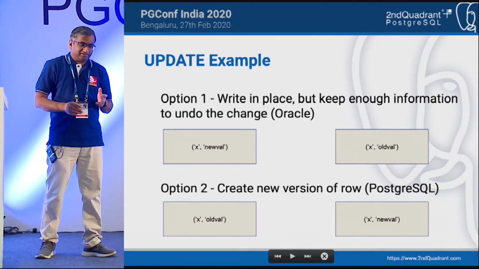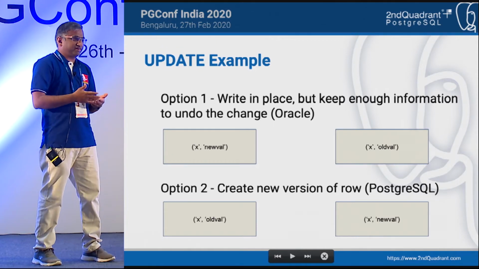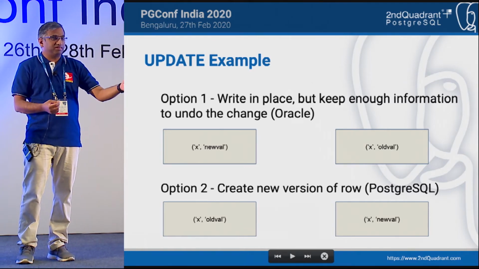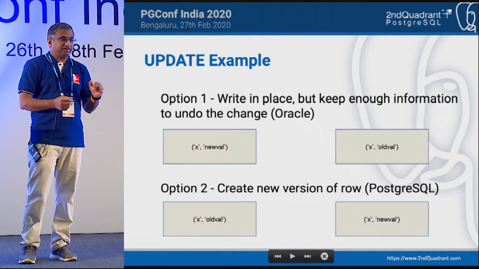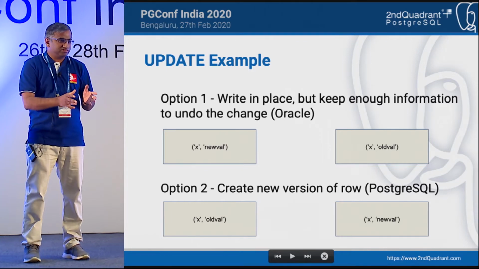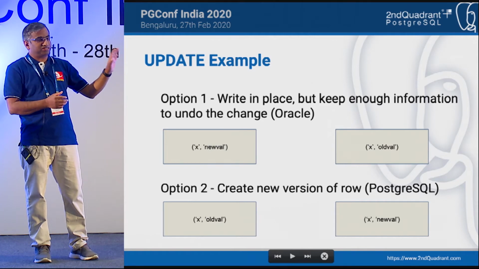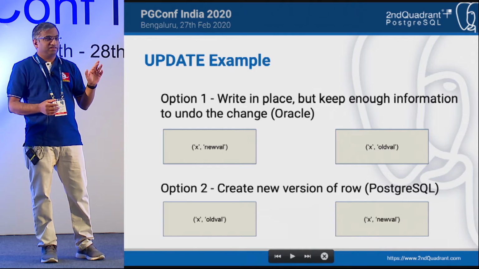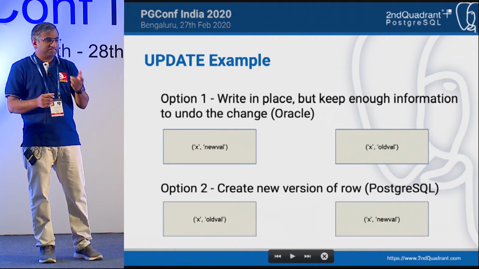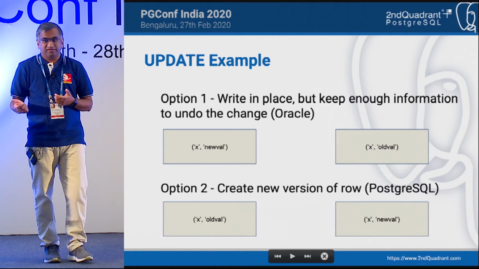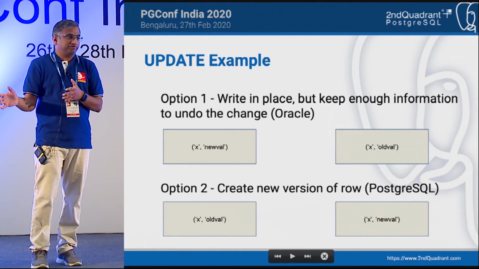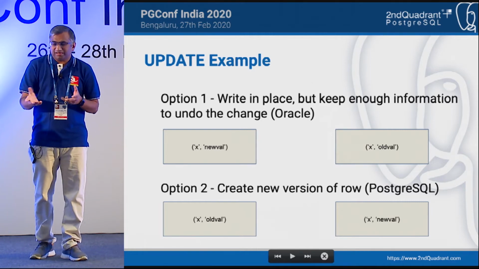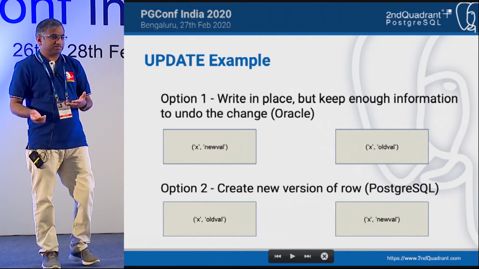So there are 2 ways you can address this problem, because as I said, when you start a transaction and run the update query, it can either abort or it can commit. If it commits, you want to make sure that whatever change the transaction has made remains durable on the database. Whereas if it aborts, you want to make sure that whatever change the transaction has made is wiped out from the database and should not be visible to anyone. So broadly, there are 2 ways you can do this.